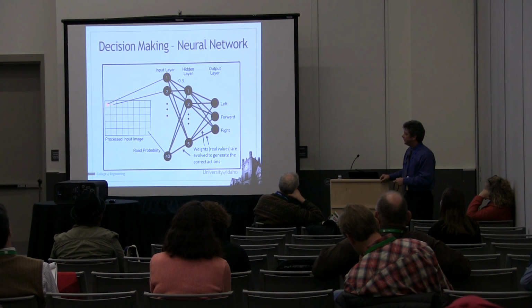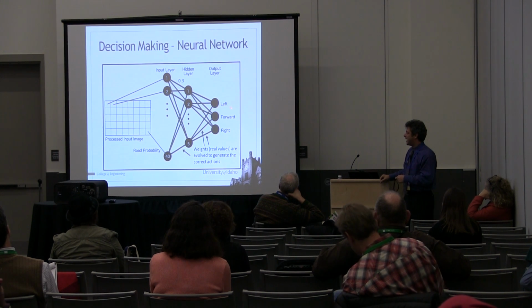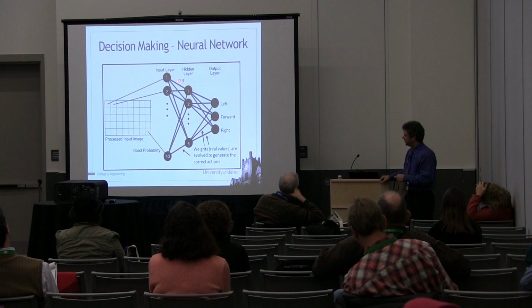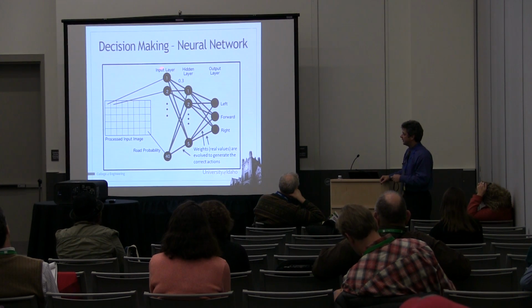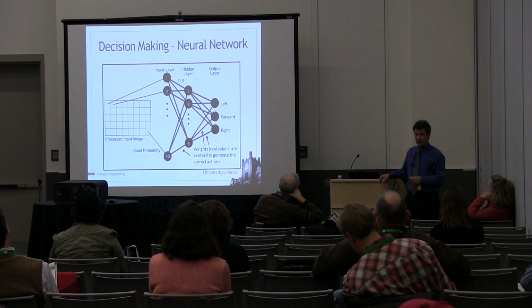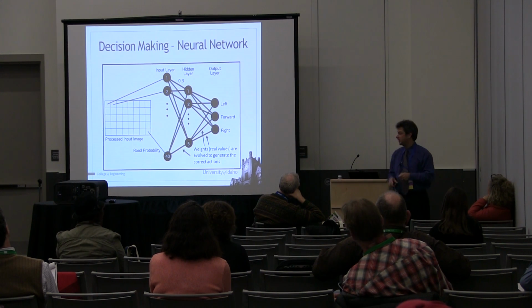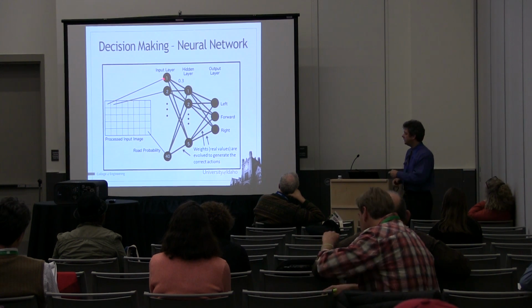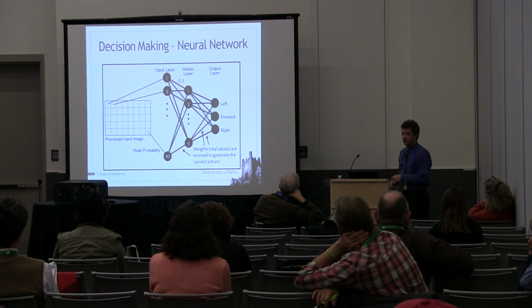But the basic idea is, given that we have this image with a bunch of values, we have to map them to should I go left or forward or right. And it goes through this network of calculations that in our case, because we have 40 inputs and 3 outputs, ends up meaning we need to sort of find about 250 values. So each of these lines gets a value associated with it.